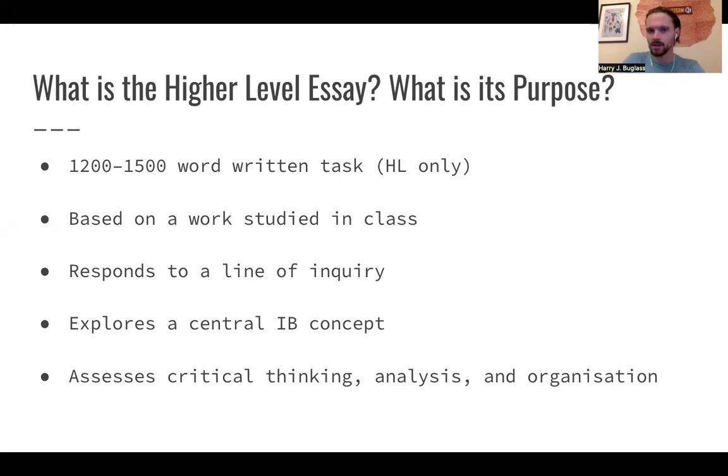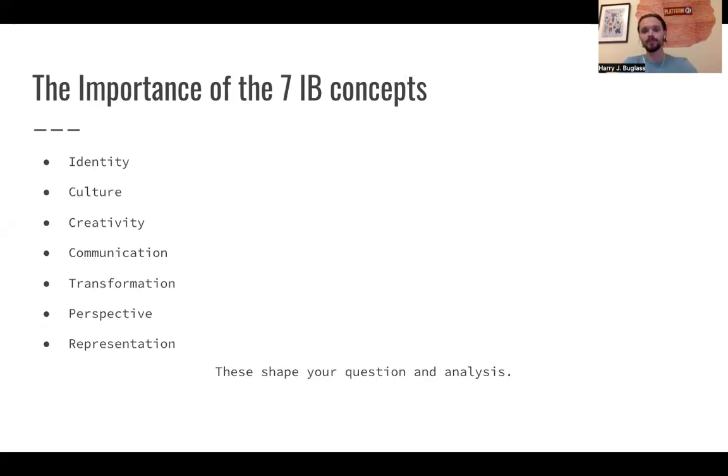Now, remember these central IB concepts because they are key. Here are the 7 concepts listed, and every strong higher level essay is rooted in one of these 7 IB concepts. These aren't just buzzwords. They give your essay a conceptual anchor, and they help you avoid a vague, aimless argument.